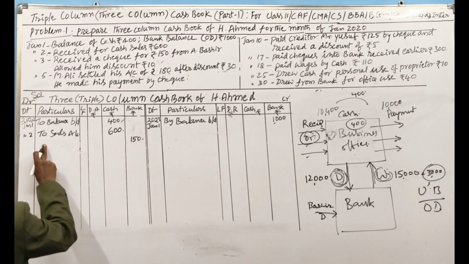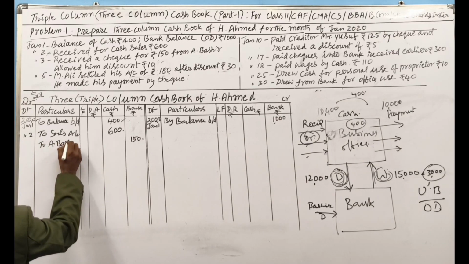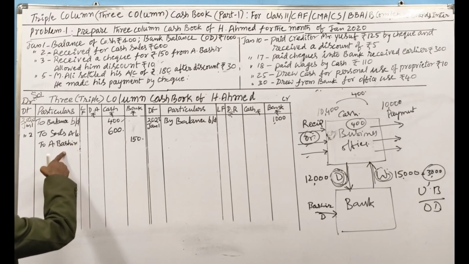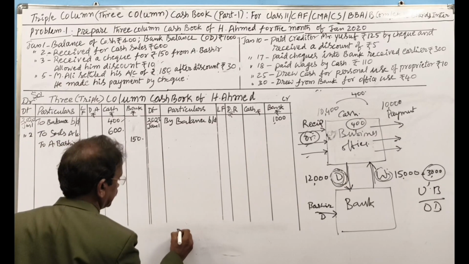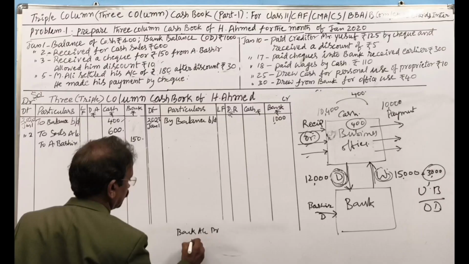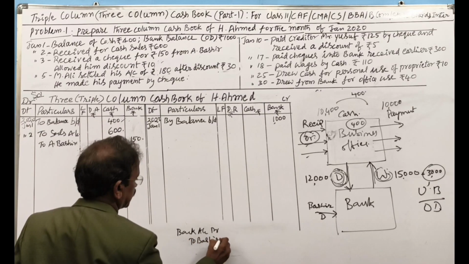Okay, here what you have to write? To A. Bashir. A. Bashir you should write. Why should you write A. Bashir? Because the journal entry is bank account debit to Bashir's account.